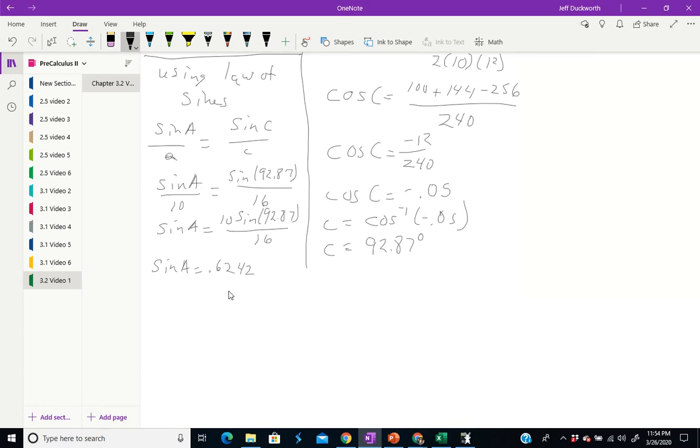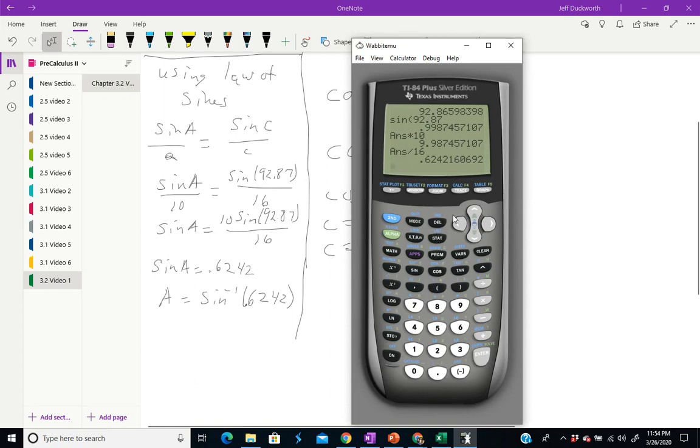All right, and then we're going to take the arc sine of each side, or the inverse sine of each side. So we're left with A on the left. That's the inverse sine of 0.6242. And we'll go back to the calculator to solve that. So we'll just take the inverse sine of this value here. So I'll use the answer.